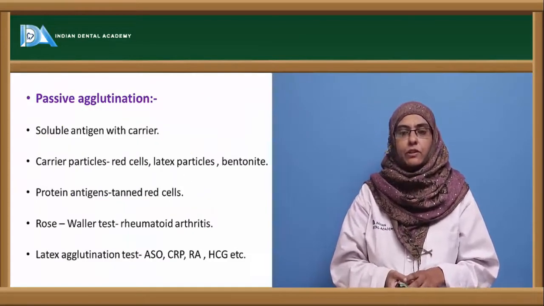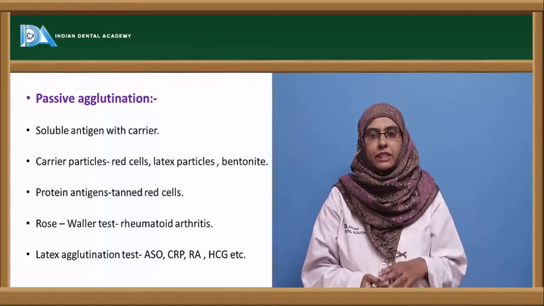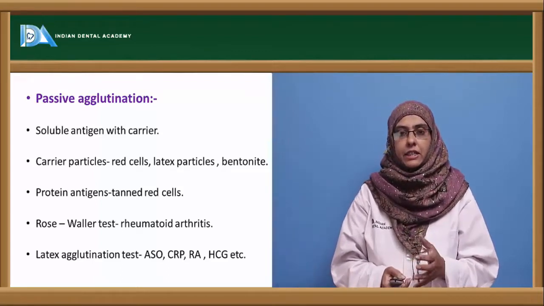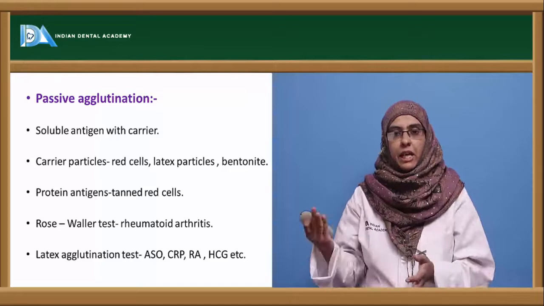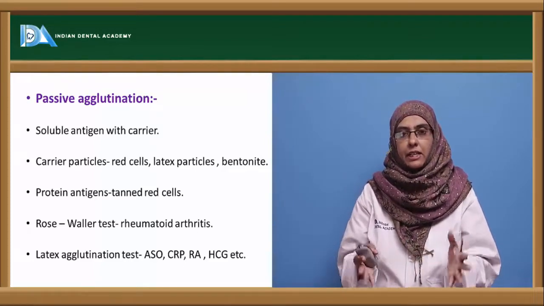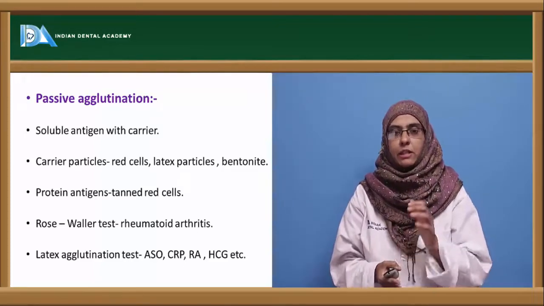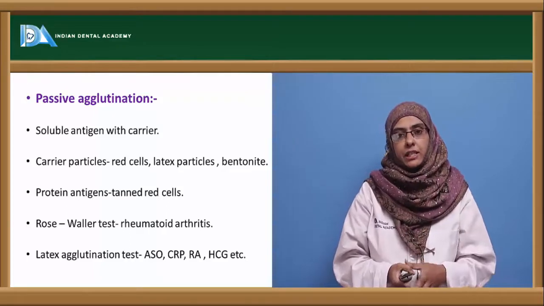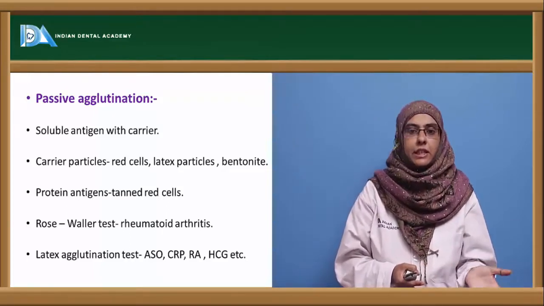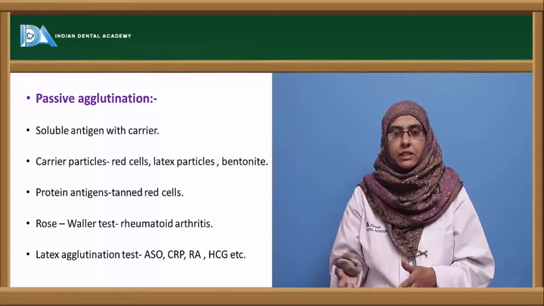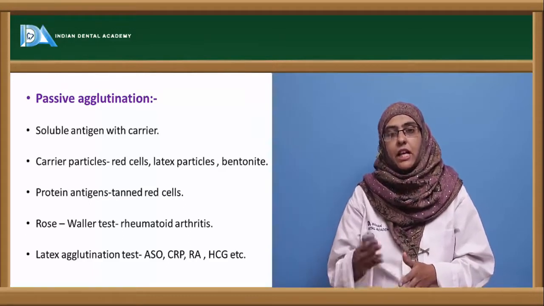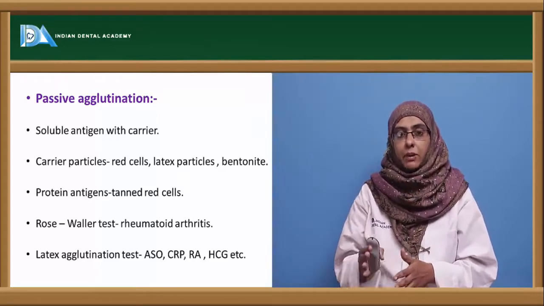Next is the passive agglutination test. In both the precipitation reaction and the agglutination reaction, antigen and antibody are essential. But in the precipitation reaction, a soluble antigen takes part, whereas in the agglutination reaction, it is the insoluble or particulate antigen.